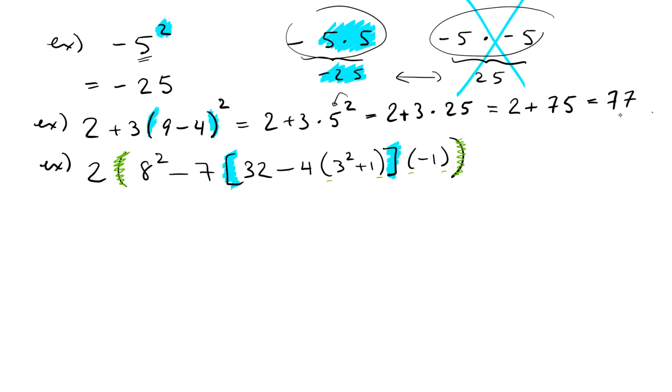I find these parentheses, but minus 1 is already evaluated. Then I move to the square brackets, and what do I find inside? I find another pair of parentheses. So this is what I have to evaluate first. 3 squared plus 1. Now 3 squared has an exponent, so I evaluate 3 squared first.